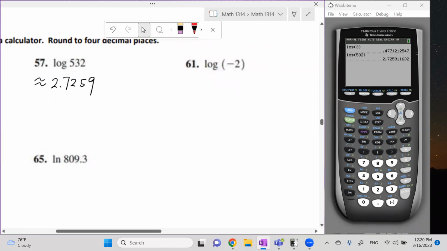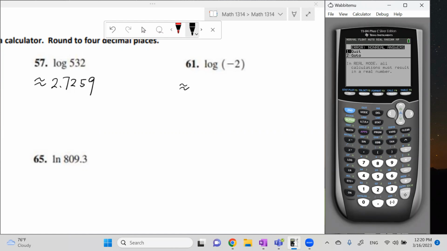Next one is here. So I will also put the approximate sign. So let's put log of negative 2. The negative sign is next to the point. Are we going to have a solution? We mentioned that we must have a positive value in the log or ln or any base of the logarithm function.